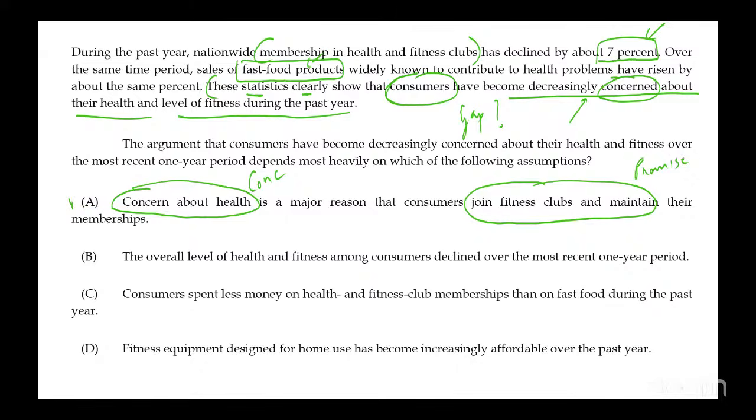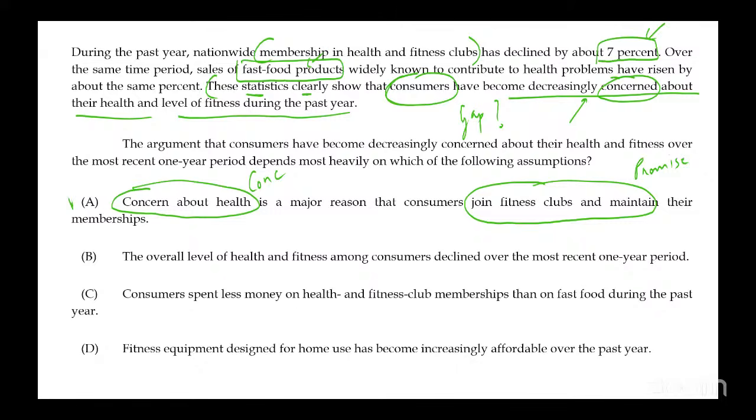Option A looks very good. B, the overall level of health and fitness among consumers declined over the most recent one year period. Okay, it says this happened over the most recent period. Is it absolutely critical for the argument?